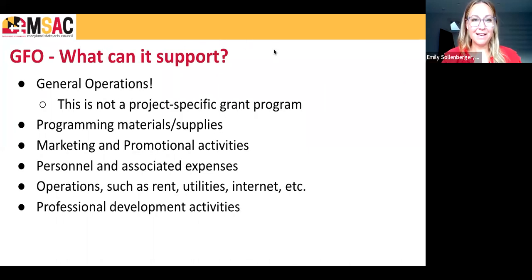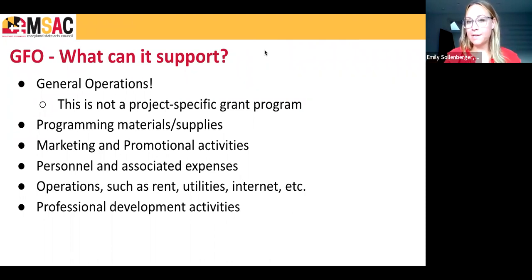Okay. So what can it support? This program is really to support the general operations of our organizations and programs across the state. So this is not a project-specific grant program. We have other programs that are dedicated to project support. This is really supporting the entire organization to continue their mission-driven work. So that can include things such as programming and materials, supplies.